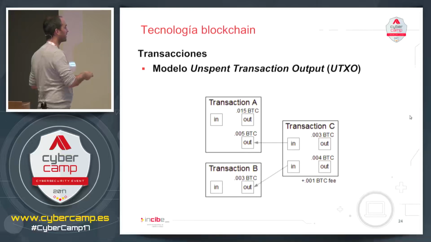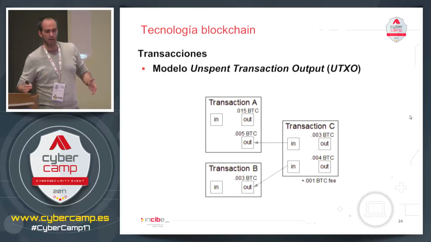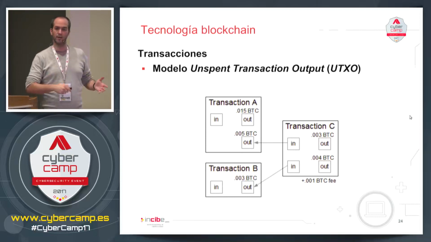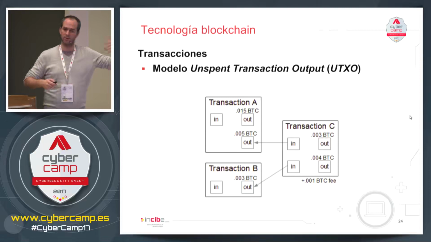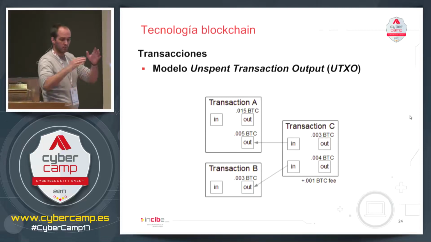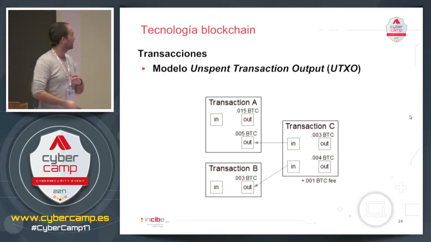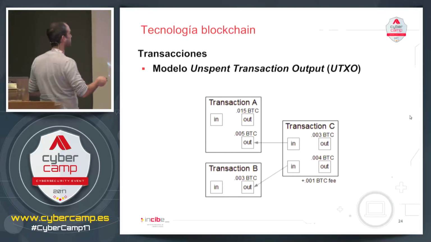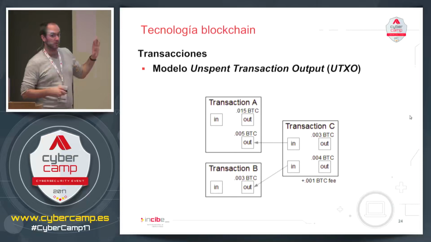Every in, every box here, is going to be digitally signed by the private key associated to the public key of the address that's making the payment. The in and the out is a data structure where account 1234 is going to receive 0.15 bitcoins, and account 1035 is going to receive that amount. These are the outs.